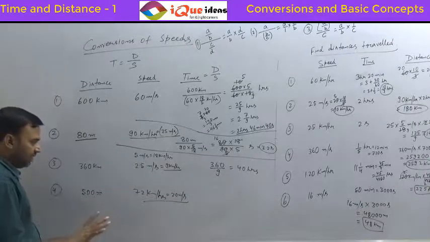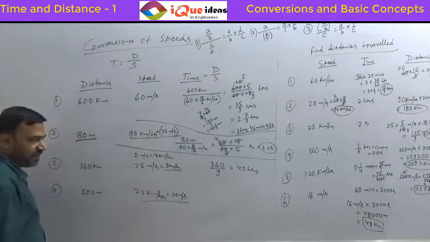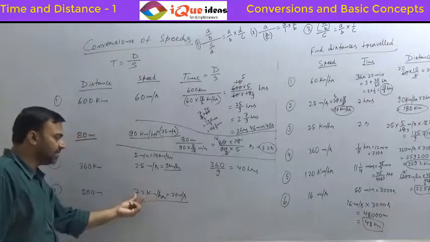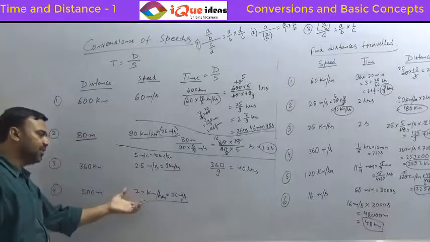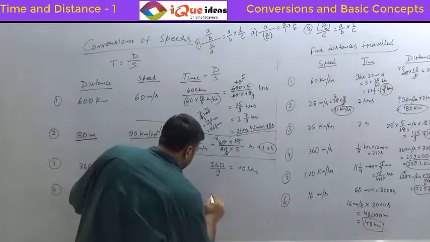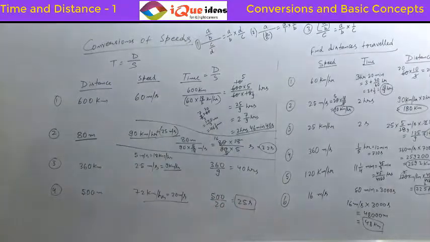Now, don't try for anything that is other than multiple of 18 in case of kilometers per hour. Right? Only when you see that the value of kilometer per hour is given as a multiple of 18 or 9, then only try to convert like this directly. Okay. So time taken would be 500 by 20. It's 25 seconds.